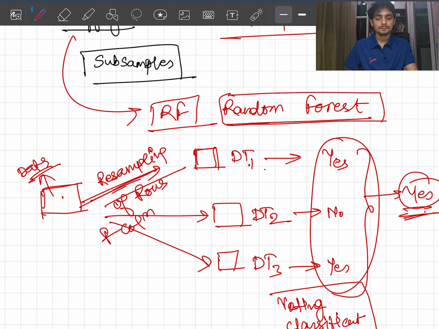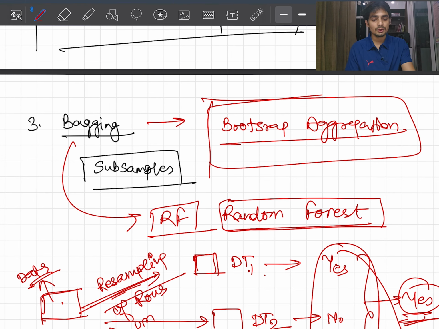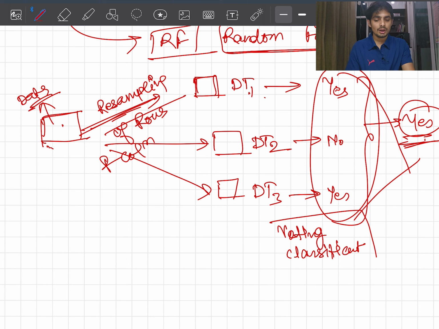We take that value as the final output. This aggregation, when we aggregate the output at the final end, is the same thing I was mentioning: bootstrap aggregation. We have the complete data. We'll take a subsample of rows and columns. We'll pass those subsamples to different decision trees.